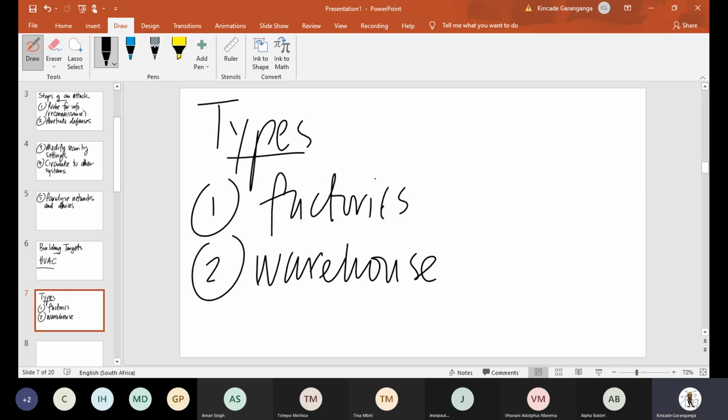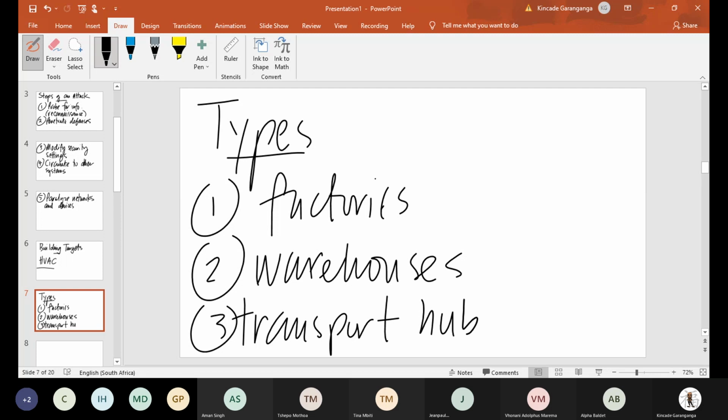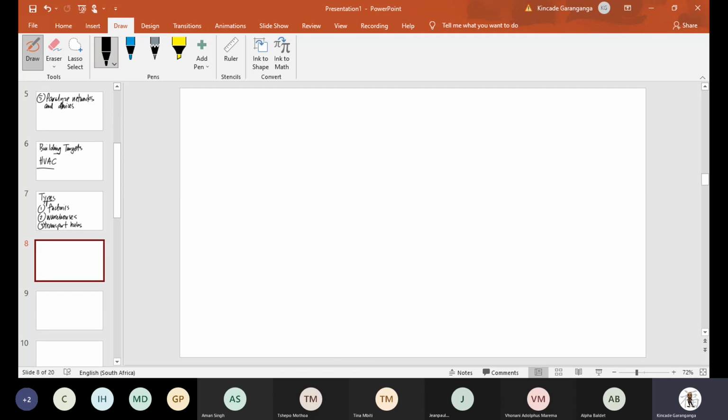You're also looking at transport hubs, as distinctive buildings that are relevant in that regard. You're also discussing operational buildings.